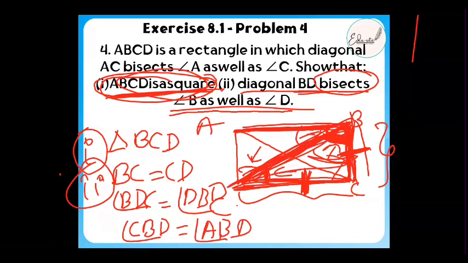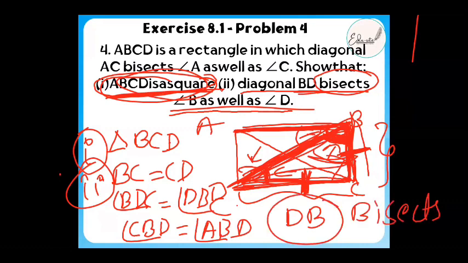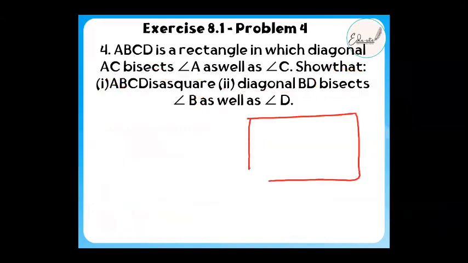That this diagonal DB bisects angle B. That's all. We had proven this. How did we prove it? We had to show that this angle and this angle are equal, just that much.